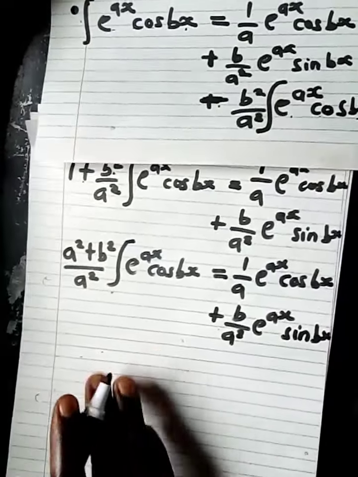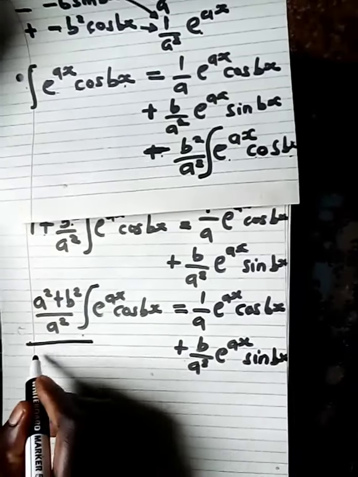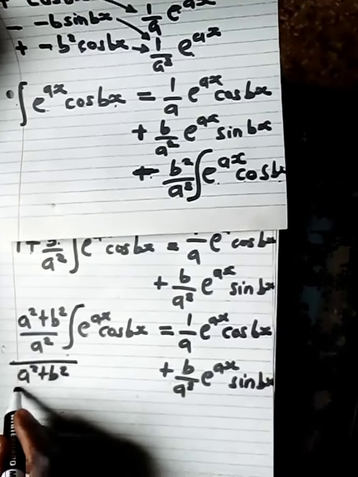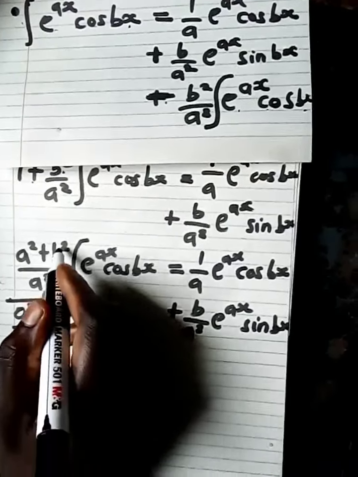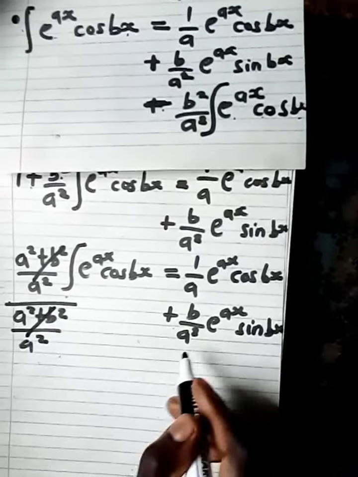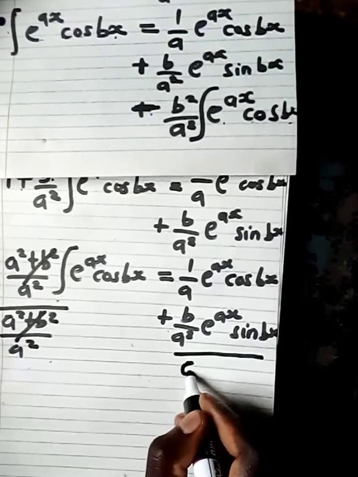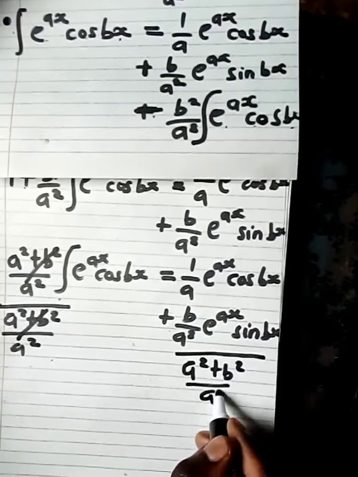So the next thing I do, both sides I divide by a squared plus b squared over a squared, because I want this one to cancel that. Then I come to this side also, I do the same to both.